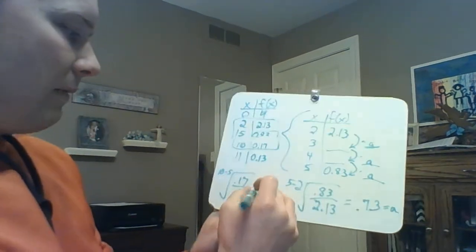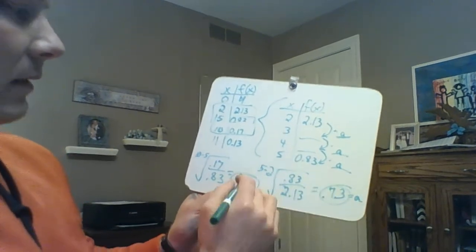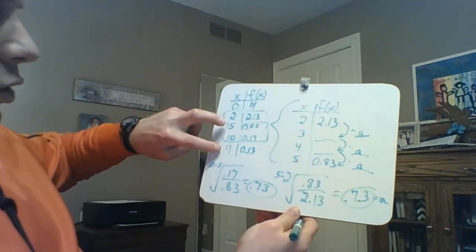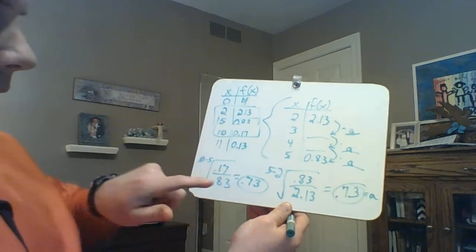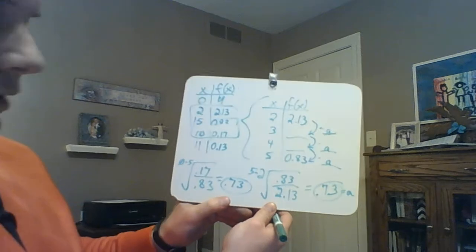And I get that same value of 0.73. So if you're getting that constant value, that would indicate, hey, no matter which 2 points I look at, if I'm thinking about it from an exponential standpoint, we get 0.73. We get the same a value, so it must be exponential.